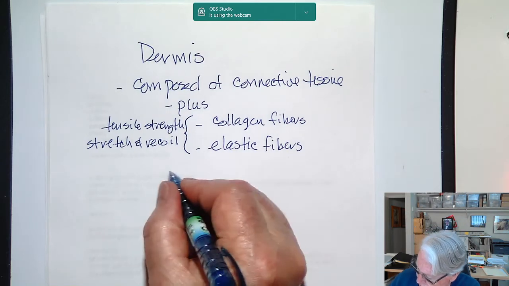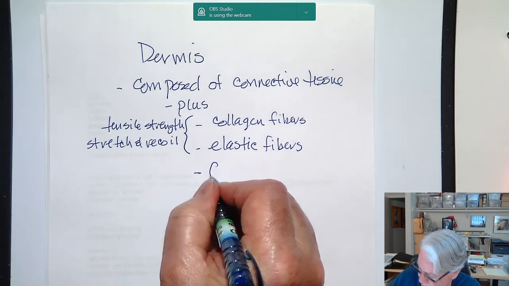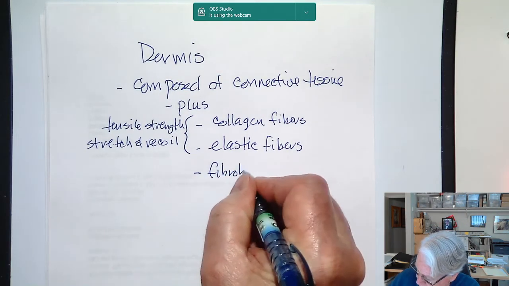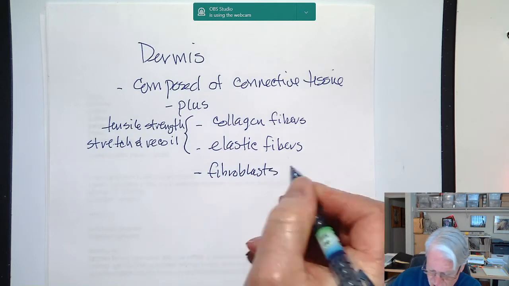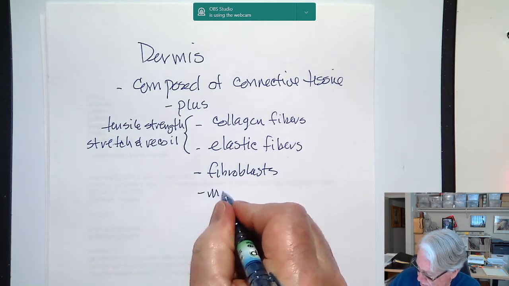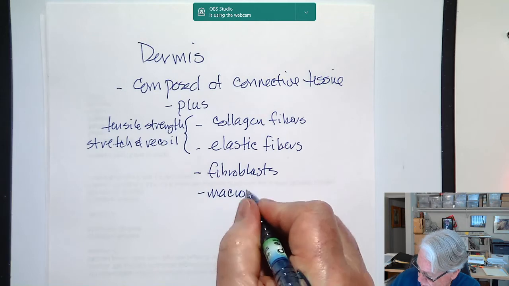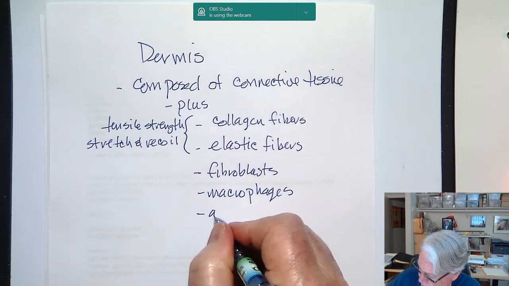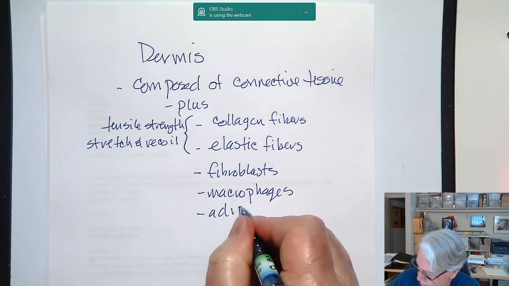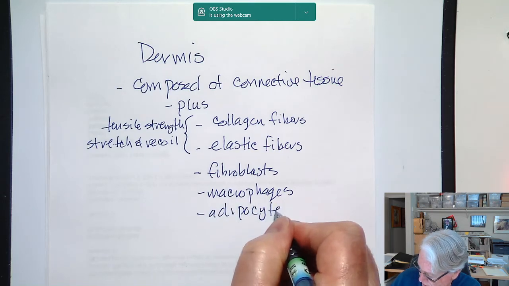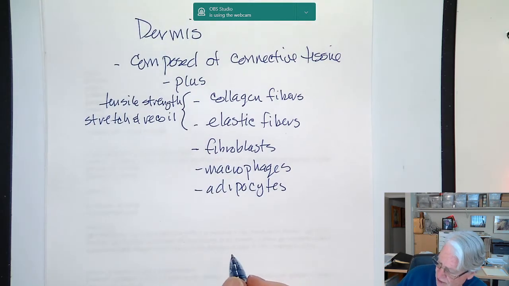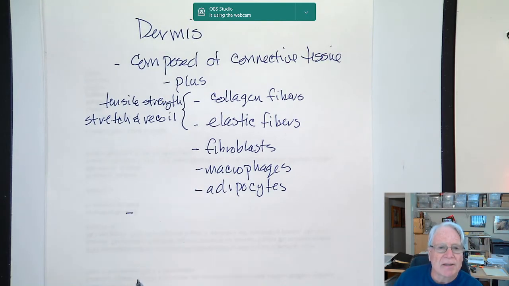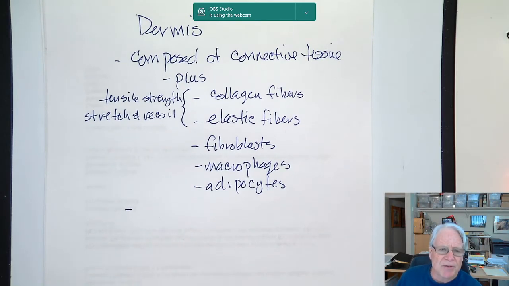So we also find, of course, fibroblasts, macrophages, and adipocytes in the dermis. The thickness of the dermis is going to vary depending on where you are in the body.